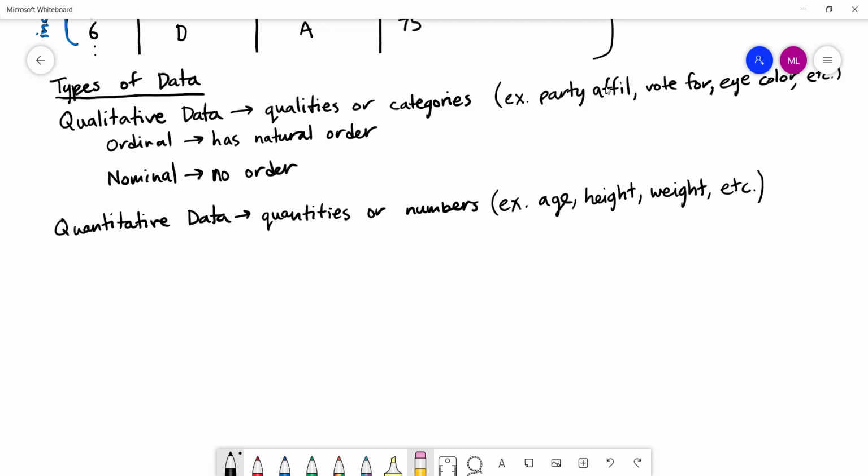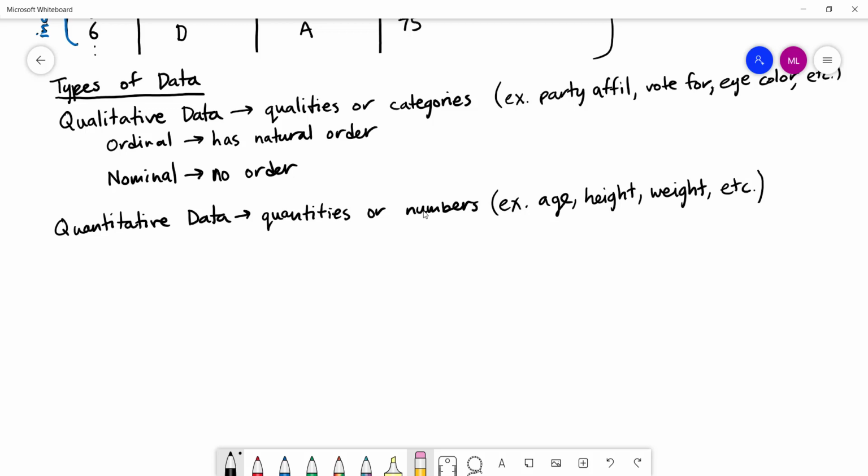So if we look at the examples I just did here, party affiliation, who they plan to vote for, eye color, those would all fall into the category of nominal data. There is no natural, universally agreed upon hierarchy of this is best, then this, then that. Right? We can't say Republicans are better than Democrats or better than independents. You're going to get a lot of disagreement. There's not a universal agreement in that case.